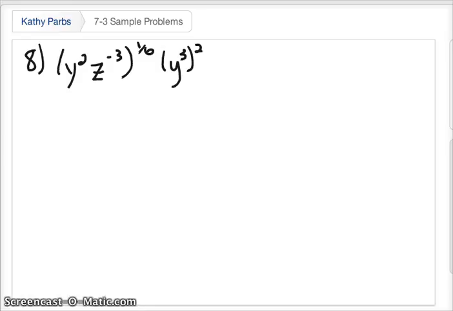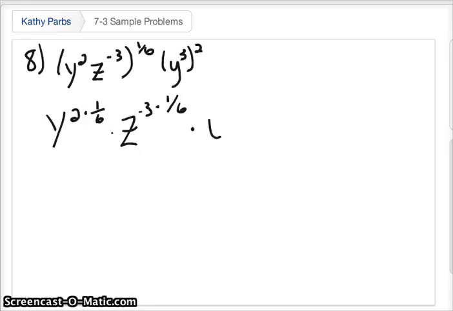Okay, in this one we have y squared z to the -3, both of those raised to the 1/6. So we'll have y to the 2 times 1/6 times z to the -3 times 1/6. And then we have our y to the third times 2.